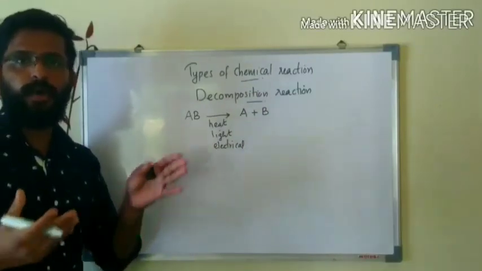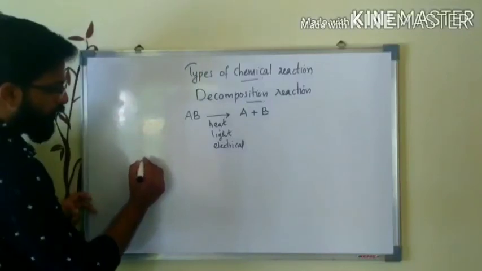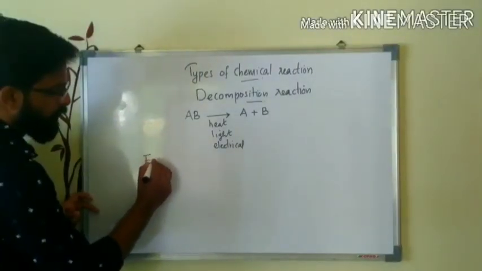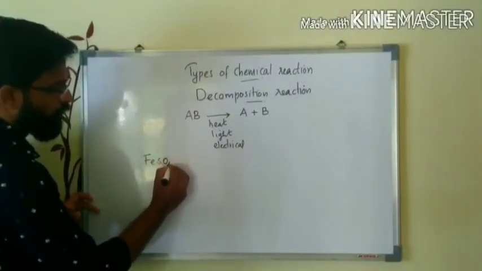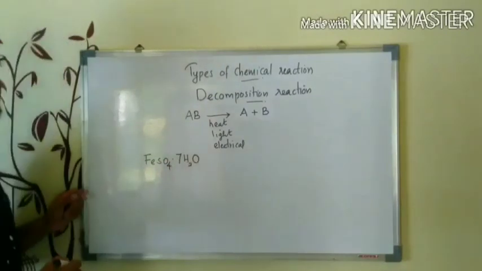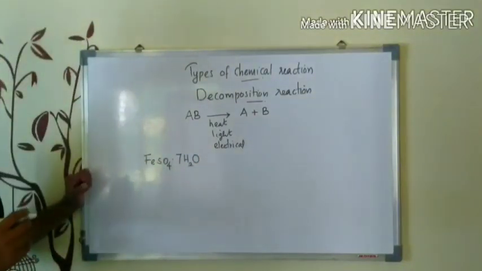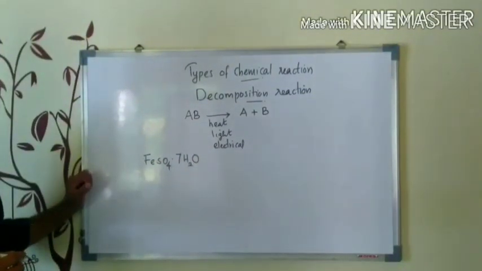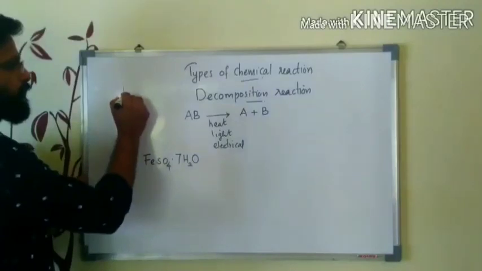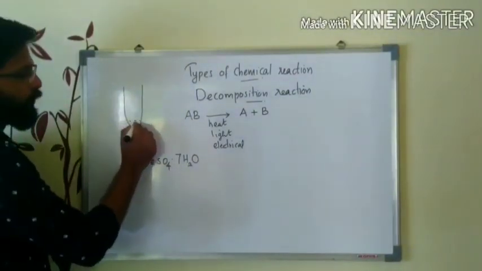Okay, let's go to an example. For example, I am taking ferrous sulfate, FeSO4·7H2O. This is ferrous sulfate. Take a test tube and add some ferrous sulfate into it.